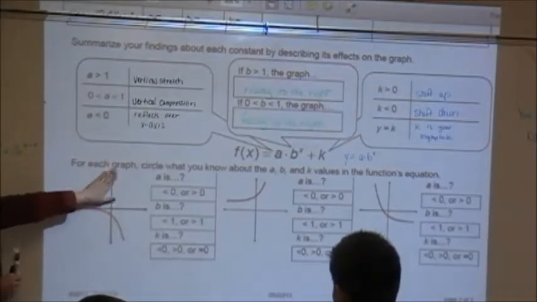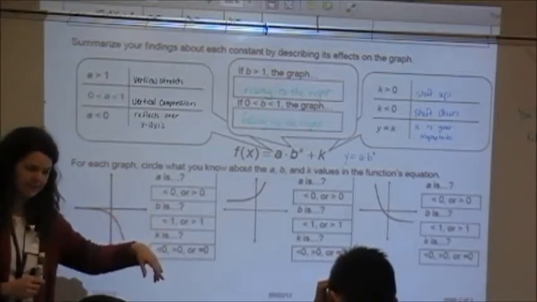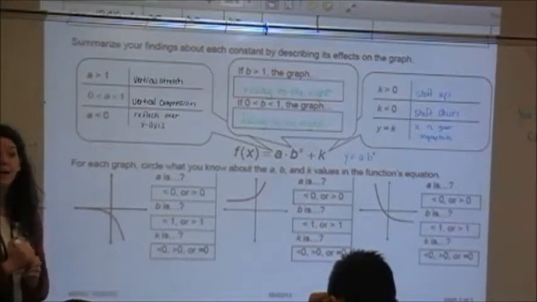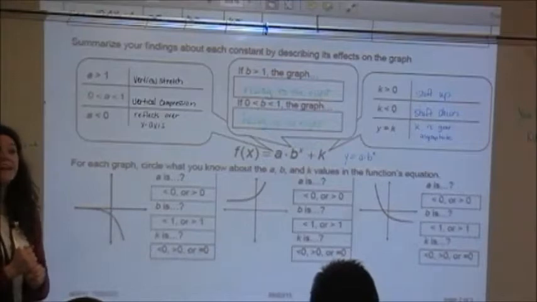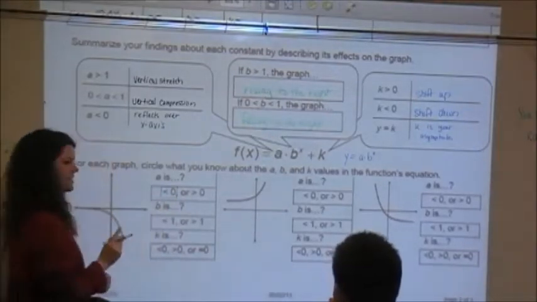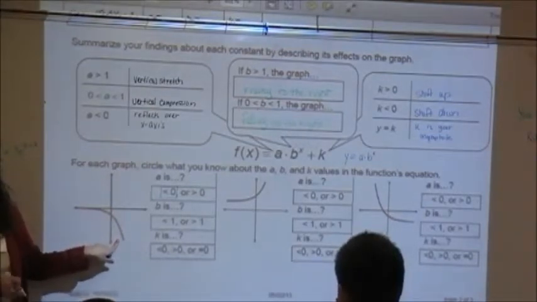So if you look at this function, is A less than 0 or greater than 0? Less than 0, because it's reflected. It's flipped over. It's down here.